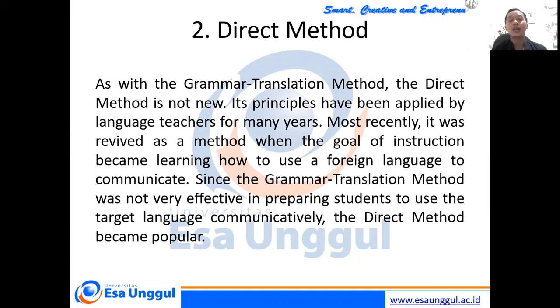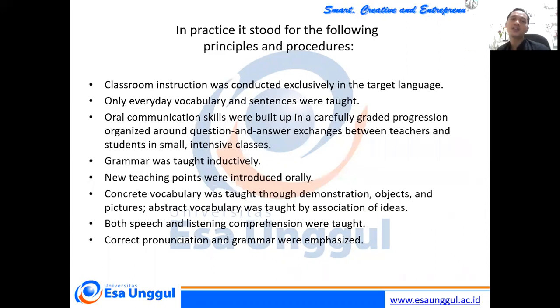Because as we have read from the previous slide, the grammar translation method wasn't very effective in preparing students to use the target language communicatively, only focusing on accuracy and structures. That's why the direct method appeared. And if you read the principles, it's so different.